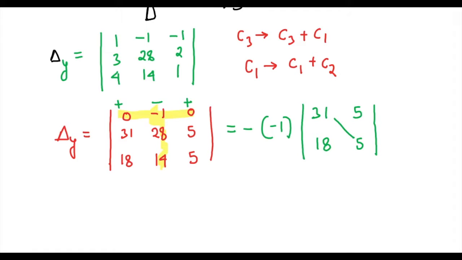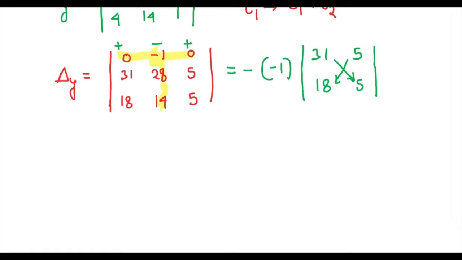Just multiply them. So this will be del y is equal to 1, and then 31 into 5, and minus 5 into 18. So just take 5 common.